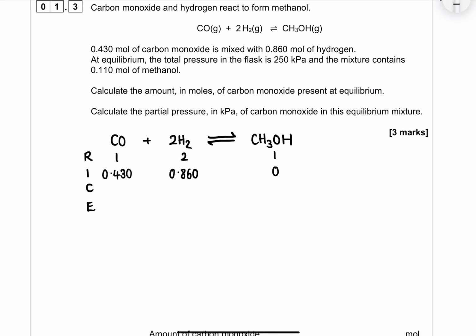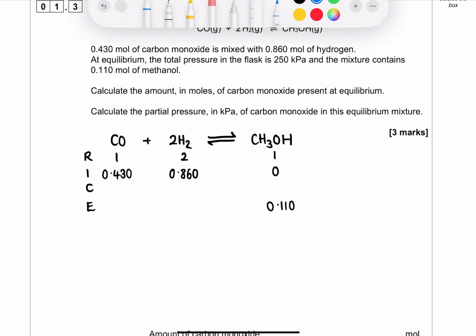Then it says at equilibrium, so on this E line, I've got 0.110 moles of methanol. So the change for methanol is that it's increased by 0.110. The reason I put the ratio in is because the ratio and the change need to be in the same proportions.